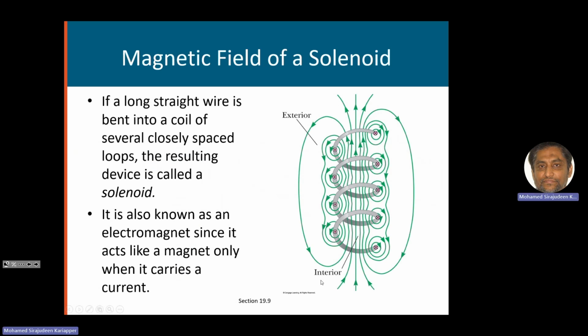Okay, now solenoid. What is a solenoid? Solenoid is a name given for when you take a wire and curl it, make several coils like this. So here it is coming out.